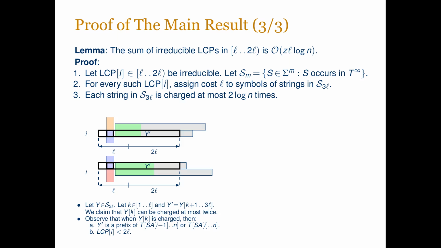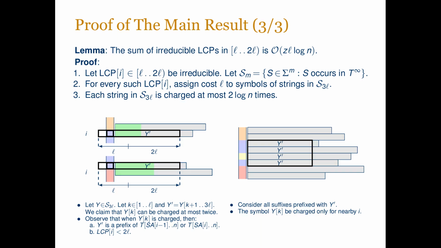In both cases, we also have that LCP of I is less than 2L. Consider all suffixes of the text that are prefixed with the string y prime. By the argument seen on the left side, the indexes I for which the symbol y of k can be charged have to be very close to this range of suffixes. Namely, they either have to be inside or one position after.